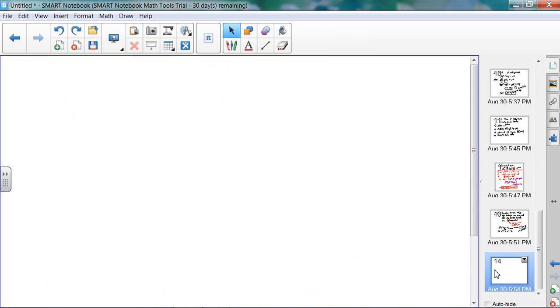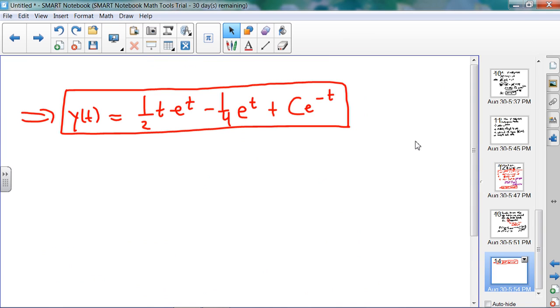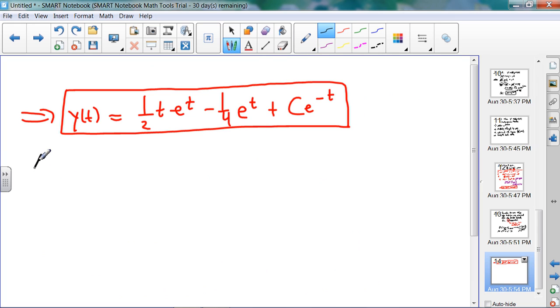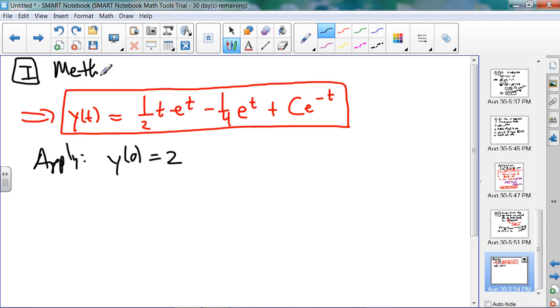Looks like it will. Great, so there's our solution. And what we want to do now is apply the initial condition, y of 0 equals 2. This is the first way that you can apply initial conditions. So we'll say method 1 to apply the initial condition.